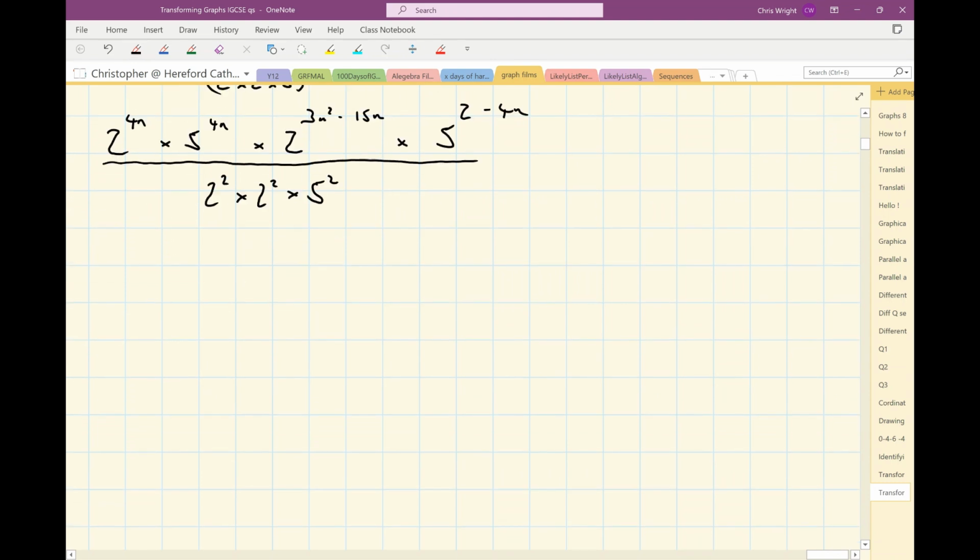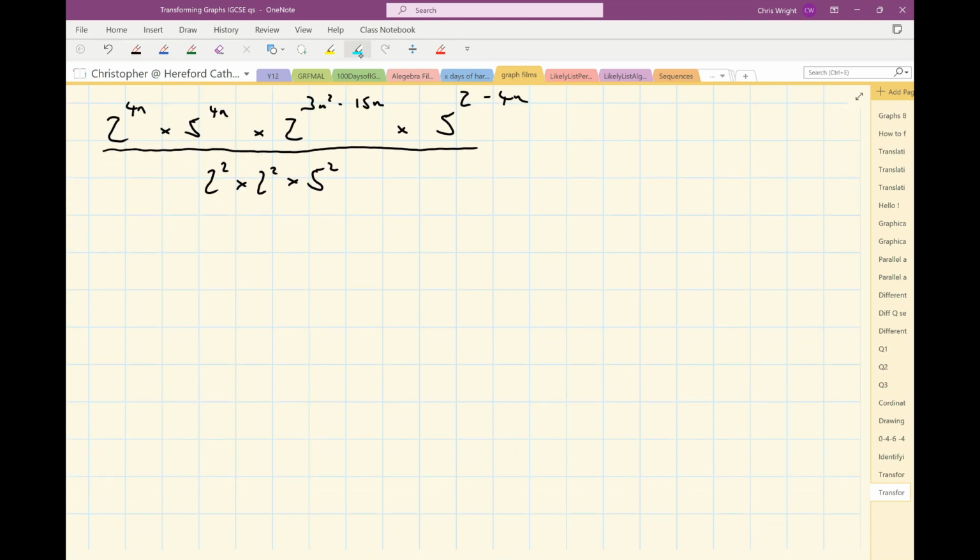Okay, let's simplify the top here. Let's do my powers of 2. I've got 2 to the power of 4n times 2 to the power of that. So I'm simply going to add the indices, add the powers. So I'm going to get 2 to the power of 3n squared plus 4n minus 15n.